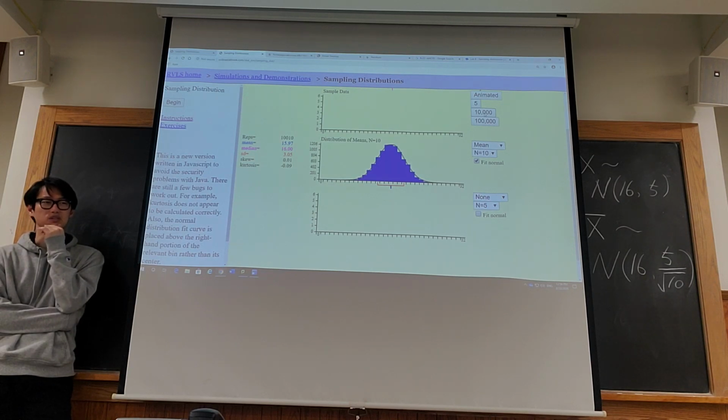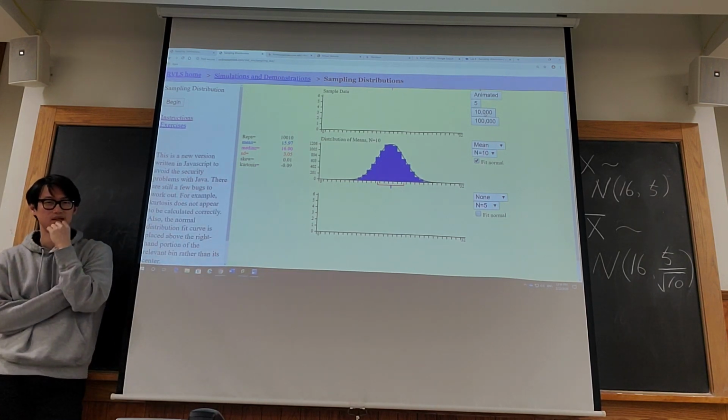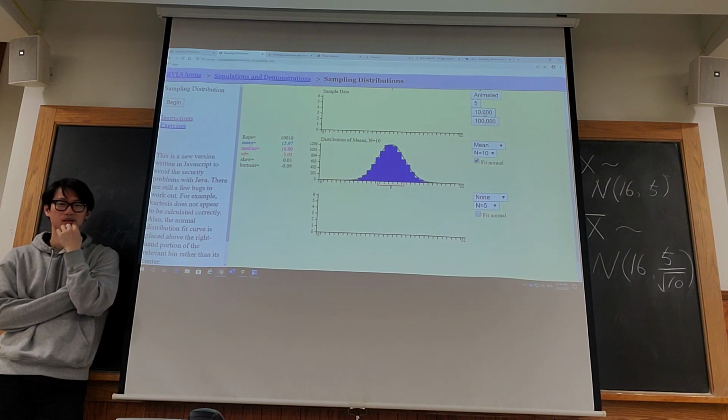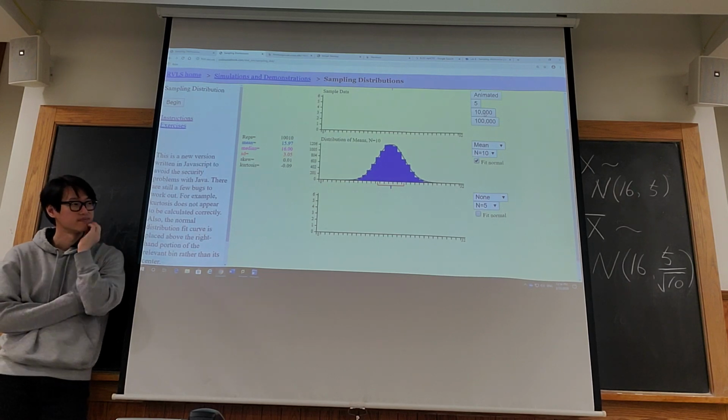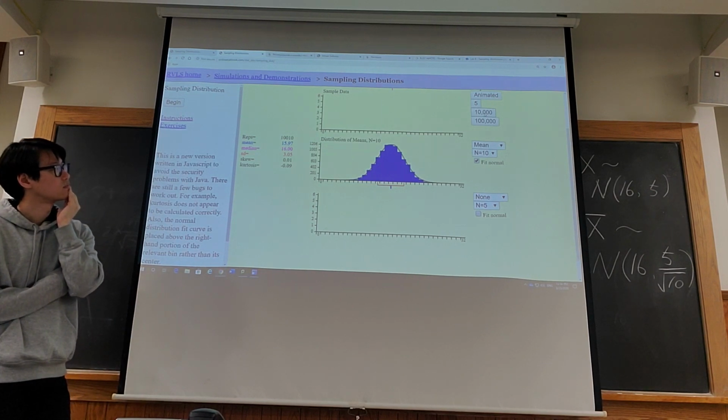What is the population standard deviation? We have 3.05. How can you calculate the population standard deviation? Is it 3.05 over root 10?